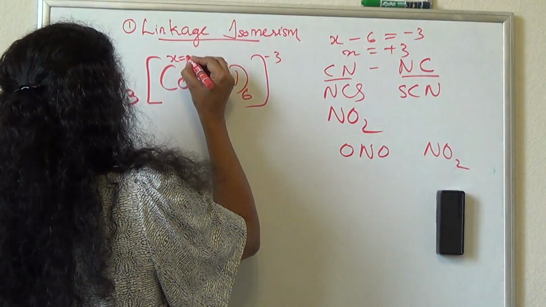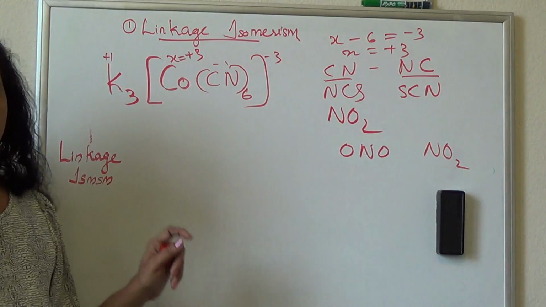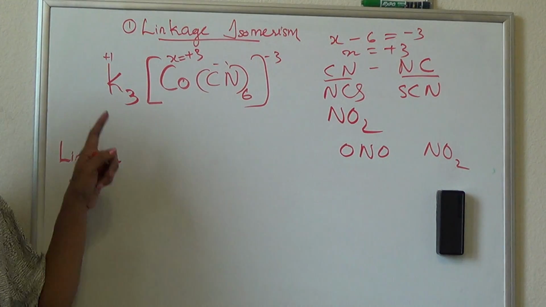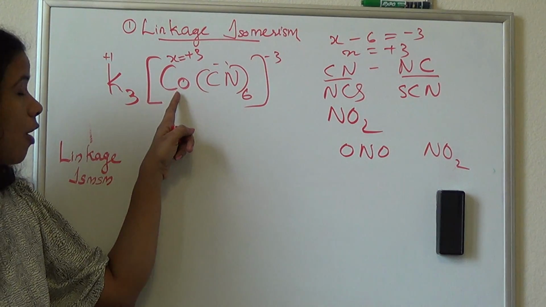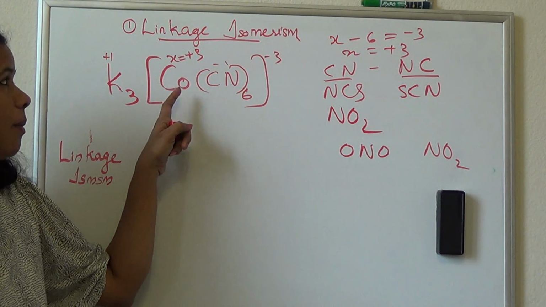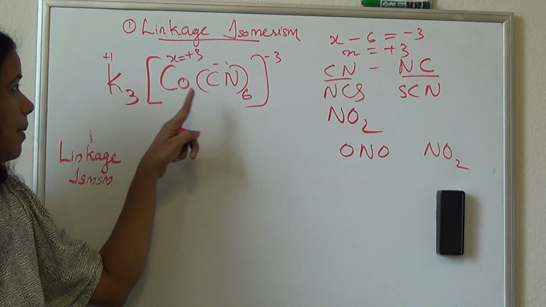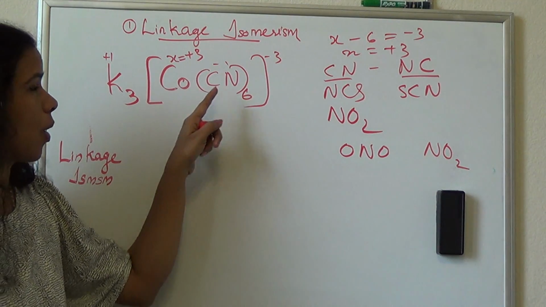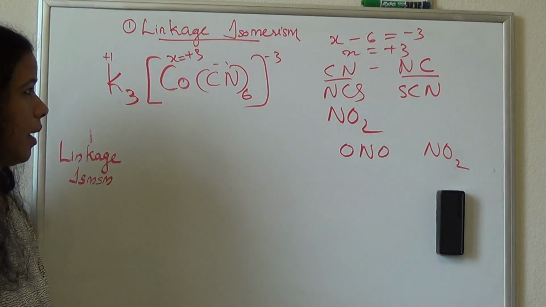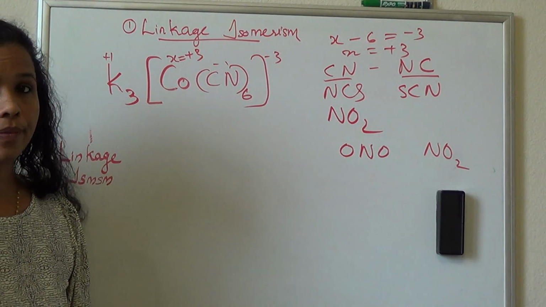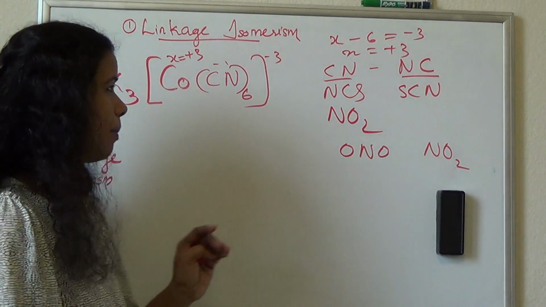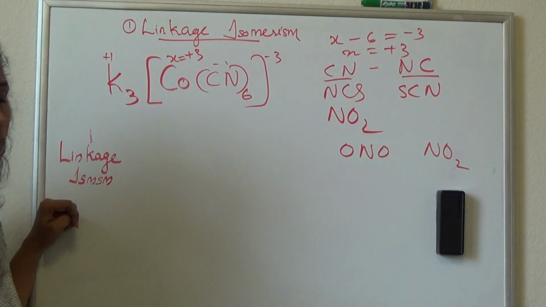So its oxidation state is +3. How will you name this compound? It is potassium hexacyanocobaltate, because it is a negative complex. Potassium hexacyanocobaltate, then in brackets you have to write the oxidation state in Roman numerals. That is the name of that compound.